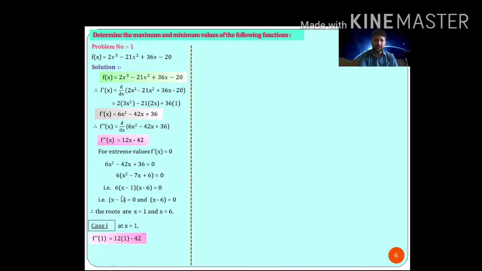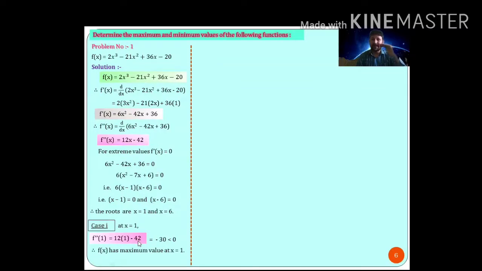We substitute x = 1: 12 times 1 minus 42. 12 into 1 is 12, 12 minus 42, the difference is −30. Minus 30 is negative, less than 0. So the second order derivative is less than 0, and the function has a maximum value at x = 1. This is the conclusion.